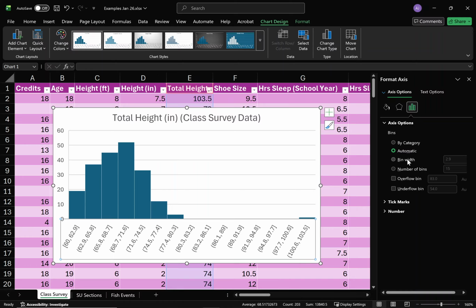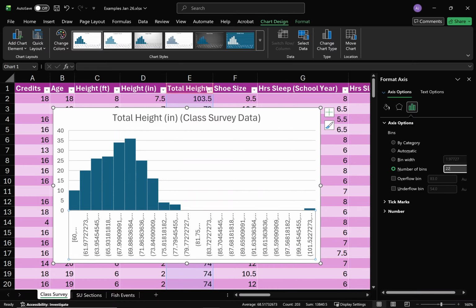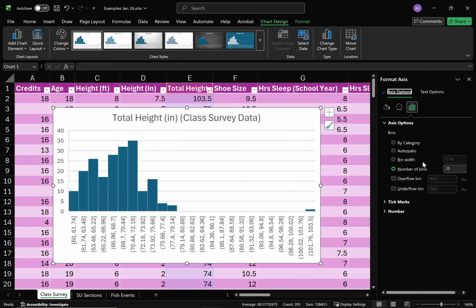Okay, so you can do automatic, or you can click bin width and change it yourself. So I could put 2 in here, for example, and then hit enter. Now you can see all the bin widths are 2. Or we can change the number of bins. If I change the number of bins to like 25, for example, it's kind of like taking the highest value minus the lowest value and then just chopping that into 25 pieces.